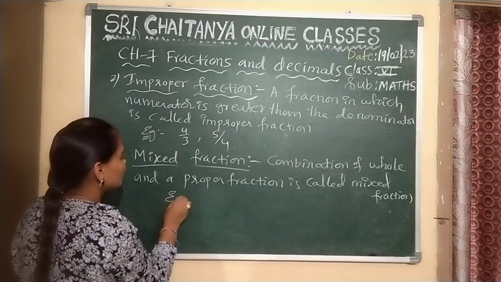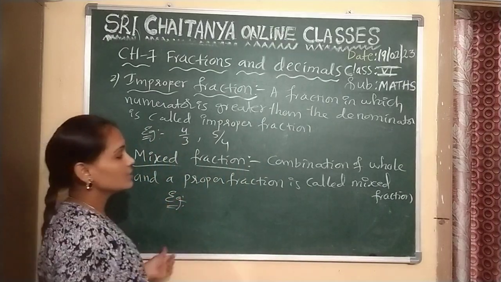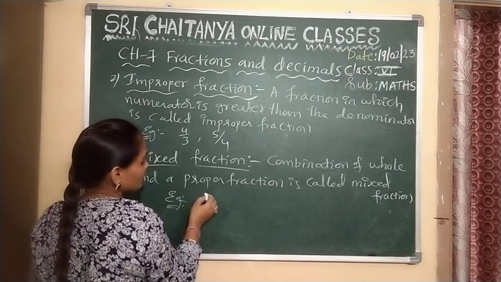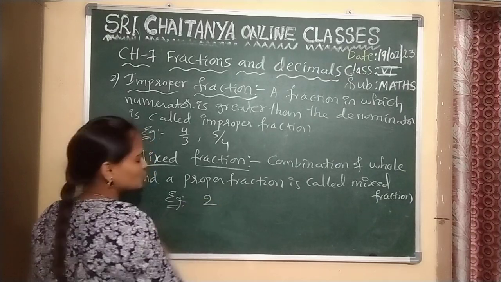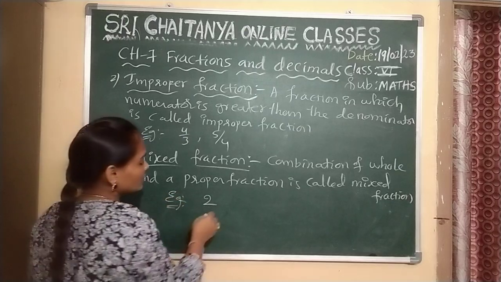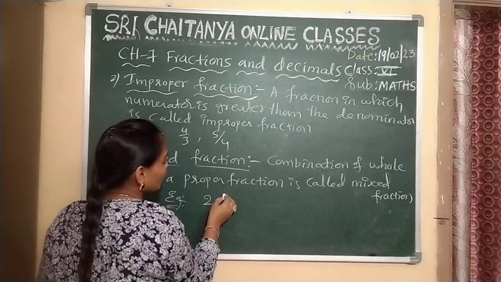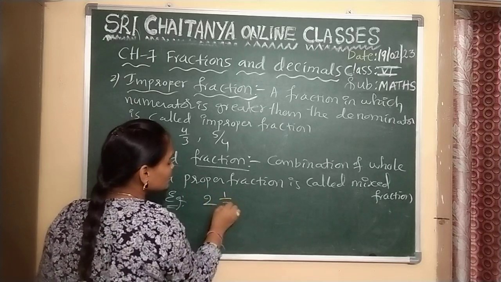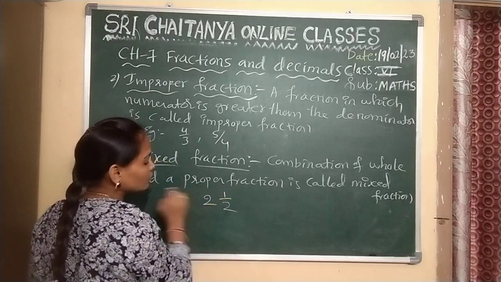Now an example for that. Here what I said: combination of a whole and a proper fraction. So whole means here any number. Suppose 2. 2 is one whole number, right? Now proper fraction: proper fraction means the numerator is less than the denominator.